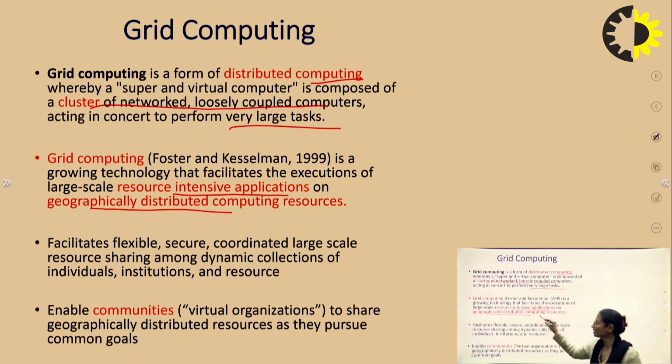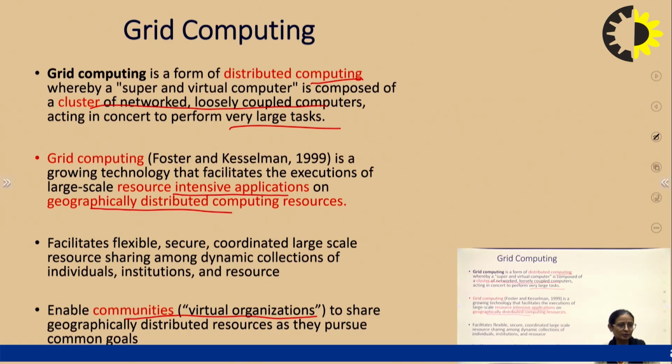That is, the systems on which we are doing calculations and storing the data are geographically distributed throughout the world. We are not aware where exactly our computation is going on in real time. It facilitates flexible, secure, coordinated, large-scale resource sharing among dynamic collections of individuals, institutes and resources. It enables communities to form a virtual organization to share geographically distributed resources.